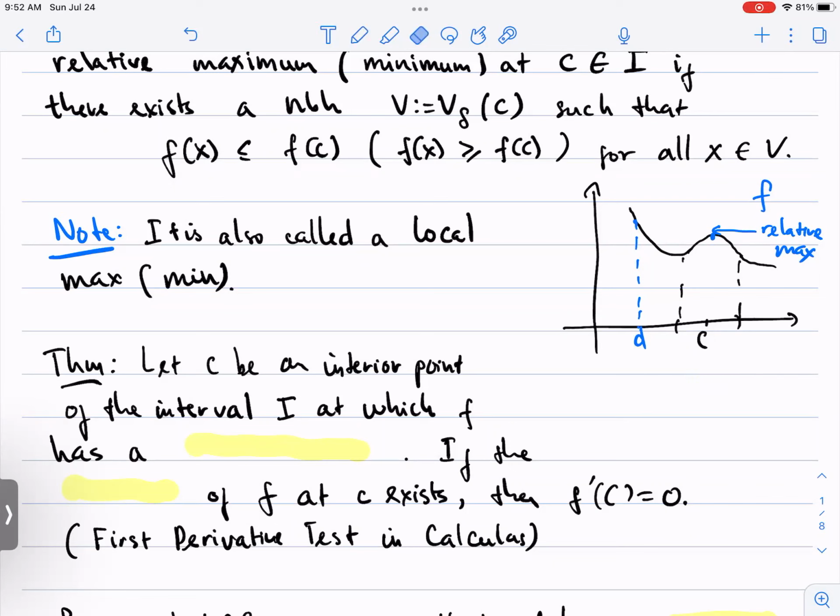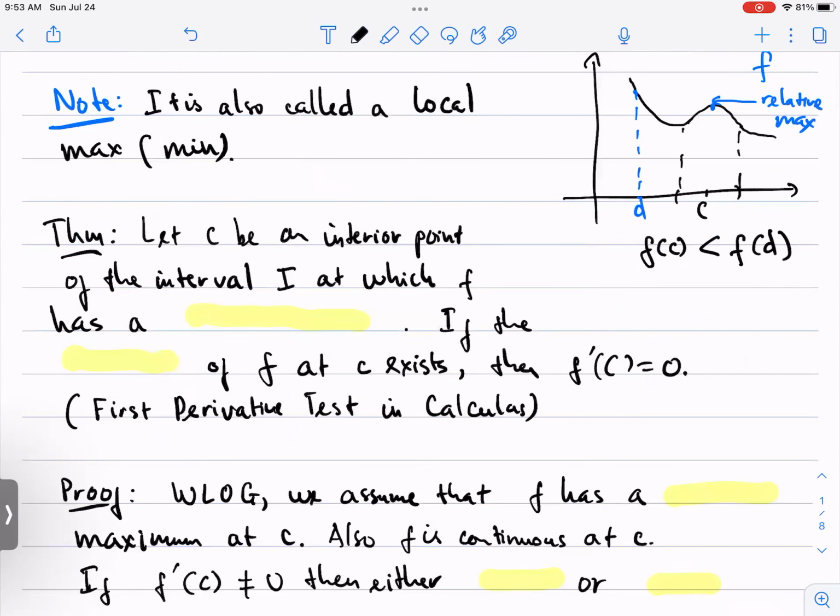Indeed, in this example, we can choose a point D such that f of C here is smaller than f of D. That's why it's called a relative maximum only, not a global maximum, as we saw earlier.